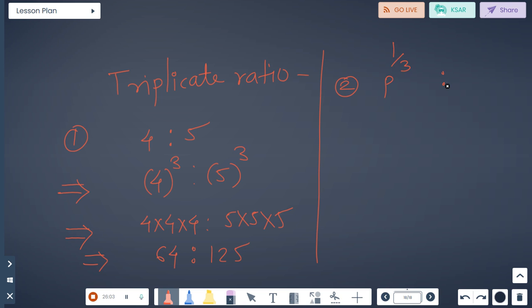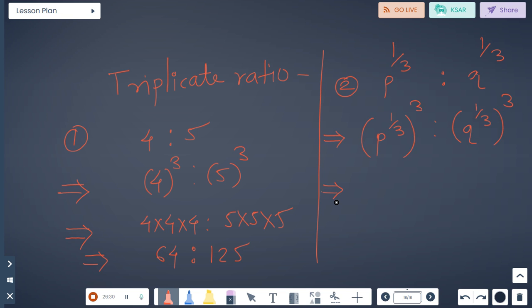Number second example, p raised to 1 upon 3 is to q raised to 1 upon 2, and we have to find the triplicate ratio of that given ratio. Means we have to find the cube of given numbers. Means p raised to 1 upon 3 raised to 3 is to q raised to 1 upon 2 raised to 3.